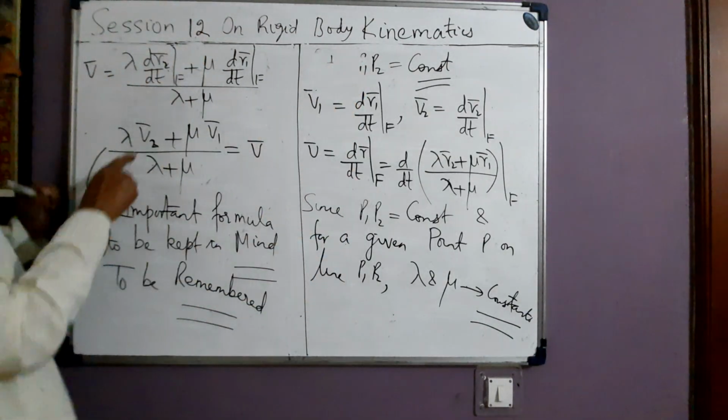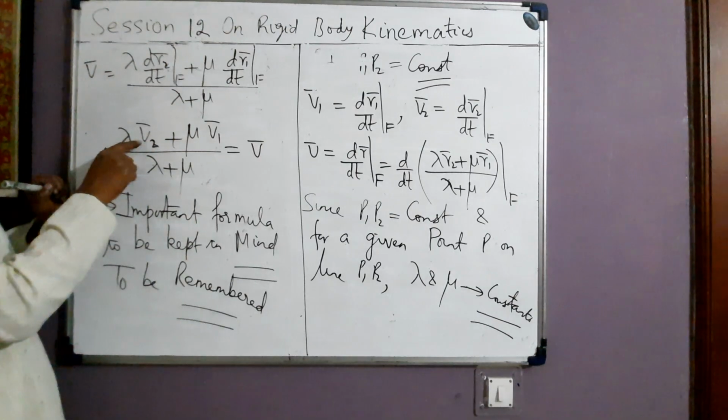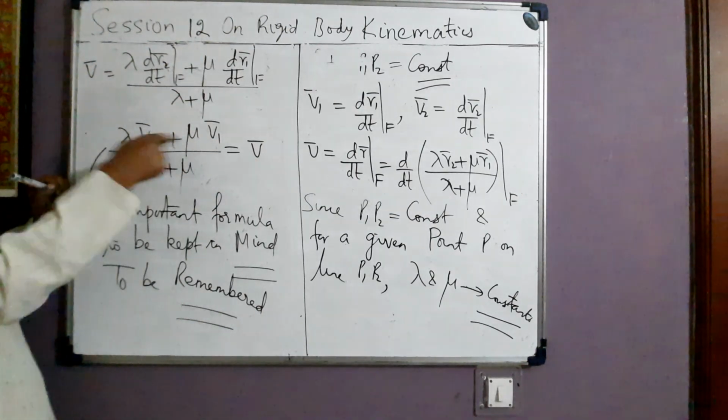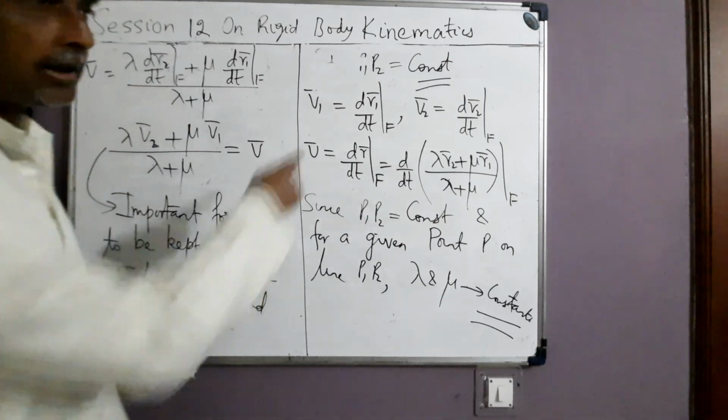So one thing should be known, this is a vector summation. It's not just scalar summation. V2 and V1 are vectors. So to find V, you have to carry out the vector summation of this.